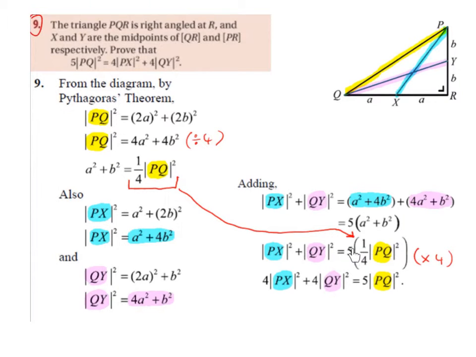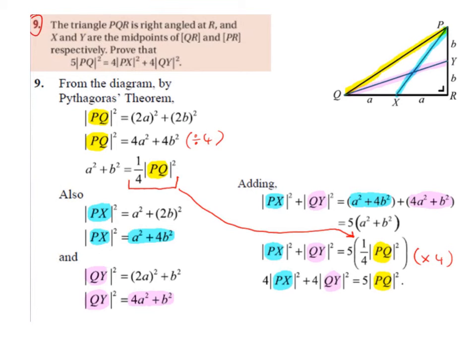And we're going to multiply across by 4. So PX squared times 4 is 4PX squared. QY squared times 4 is 4QY squared. And the quarter and the 4 will cancel out. So we're left with 5PQ squared. So we have 4PX squared plus 4QY squared is equal to 5PQ squared. And that is what we were asked to prove.